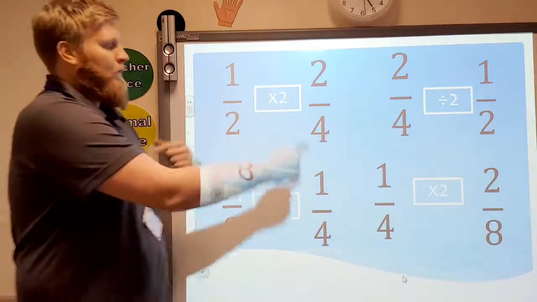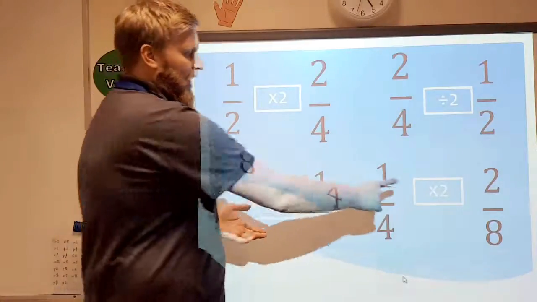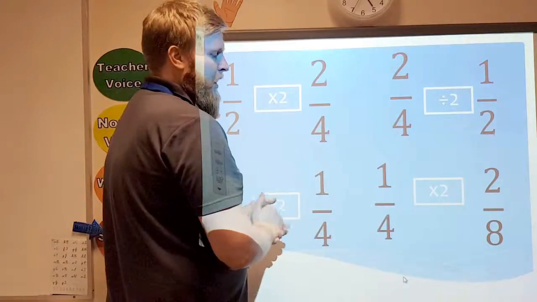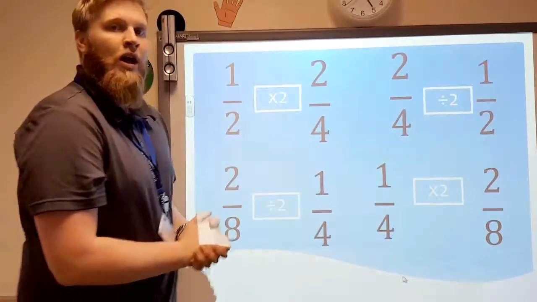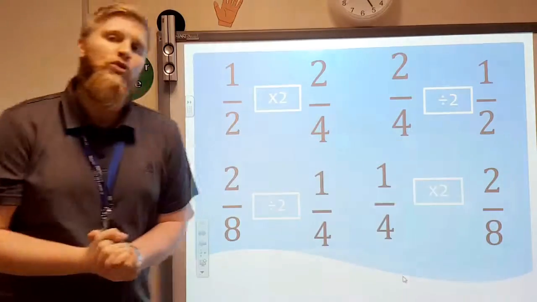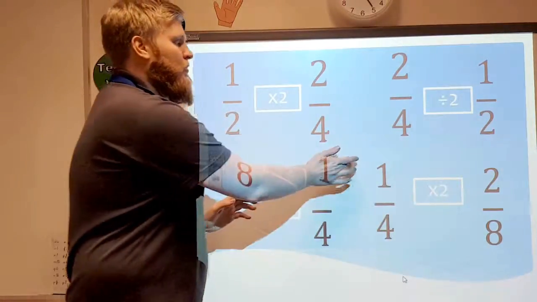Let's look at the reverse of that. We've got 1/4. If we times that by 2, 4 times 2 is 8, and 1 times 2 is 2. So we know 1/4 is the same as 2/8 because we've done the same to the denominator as we have to the numerator.